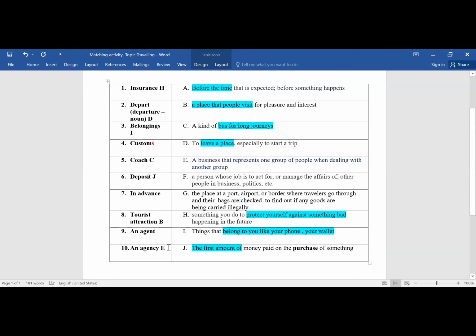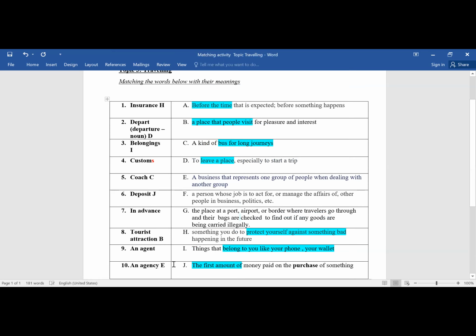For example, when you go traveling and you want to buy a ticket, you don't go directly to Vietnam Airlines. Instead, you may buy a ticket from another group or from a ticket office because they represent Vietnam Airlines. In this case, a group or a company that represents another company is an agency. So an agency is a business or an organization.